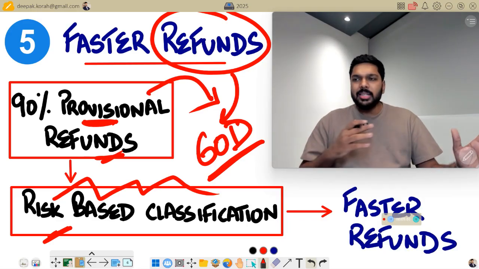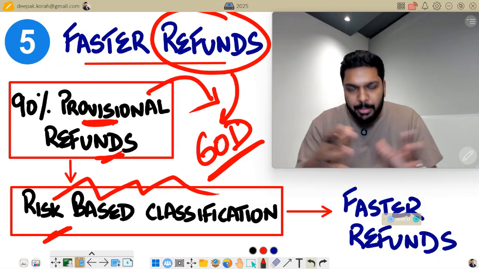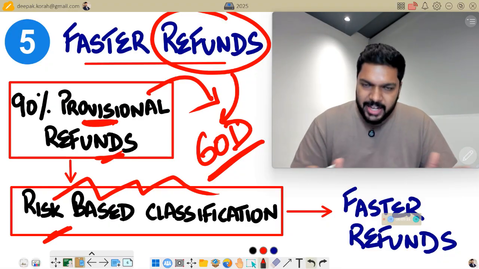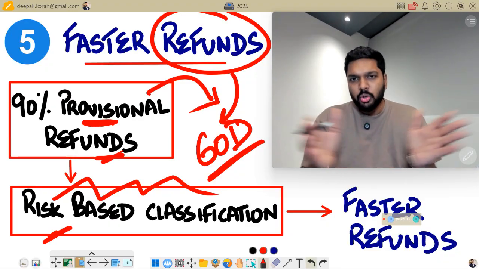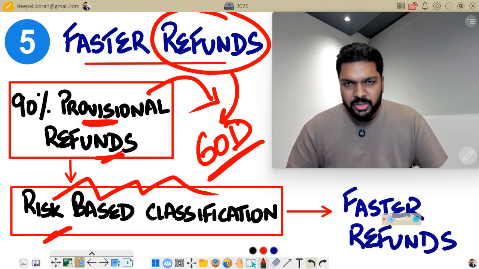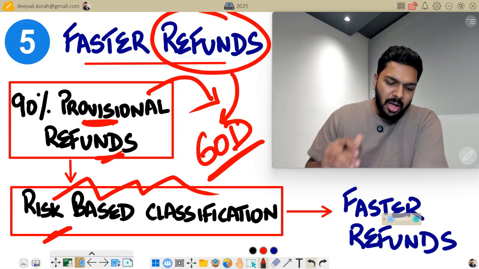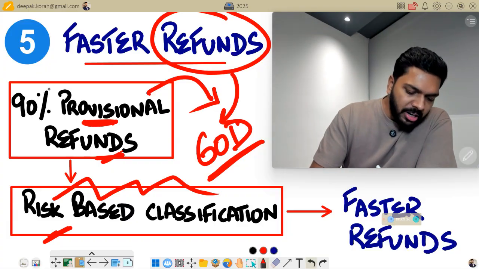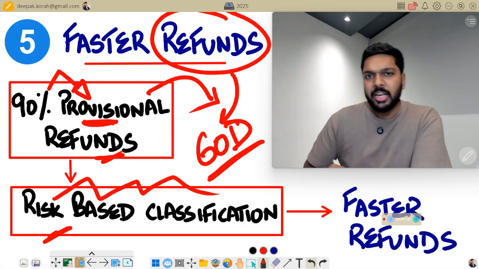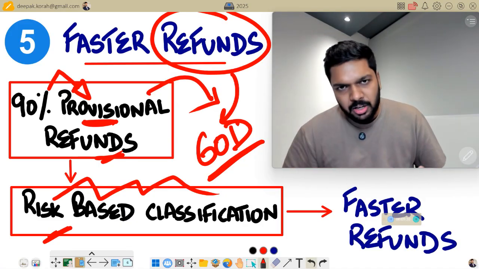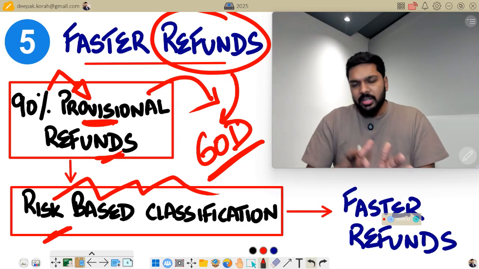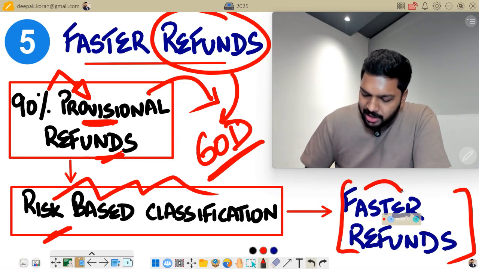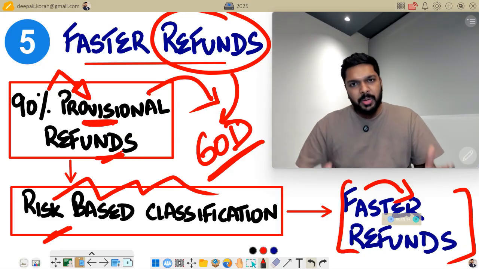So earlier, the 60-day criteria or the red tapeism involved in disbursing the GST refund is no longer going to be there. If you belong to a risk profile category which is satisfactory to the CBIC, which is satisfactory for the department, then they will disburse 90% of the provisional refund to you before further verification, the remaining 10% after further verification. So this will result in faster refunds and maintaining cash flow situation for a lot of taxpayers, especially for a lot of exporters.